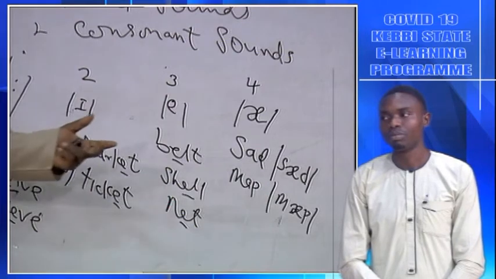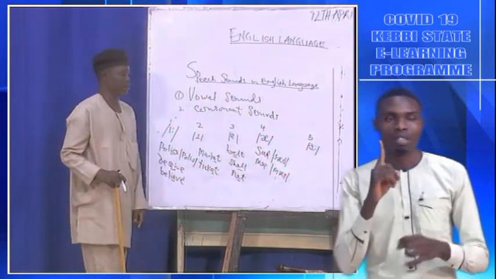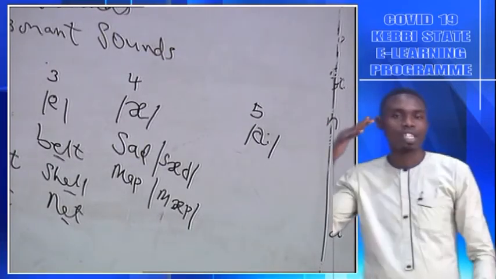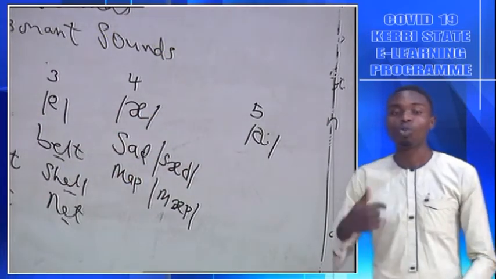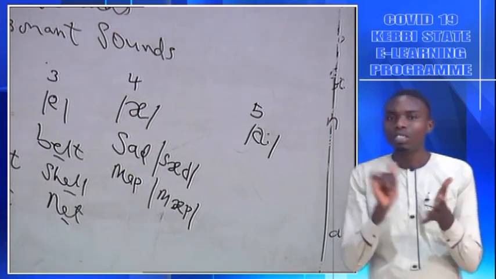Then let's go to the 5th vowel sound. That is the long R. You can see that it's a long sound. We have the 2 dots that indicate that it's a long sound.